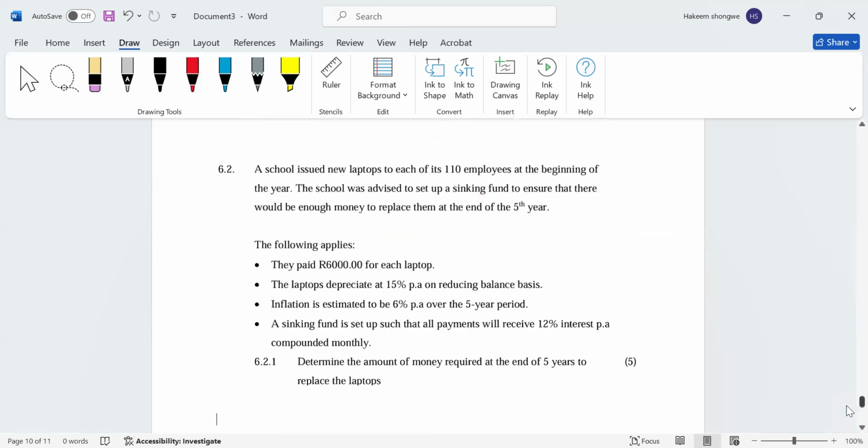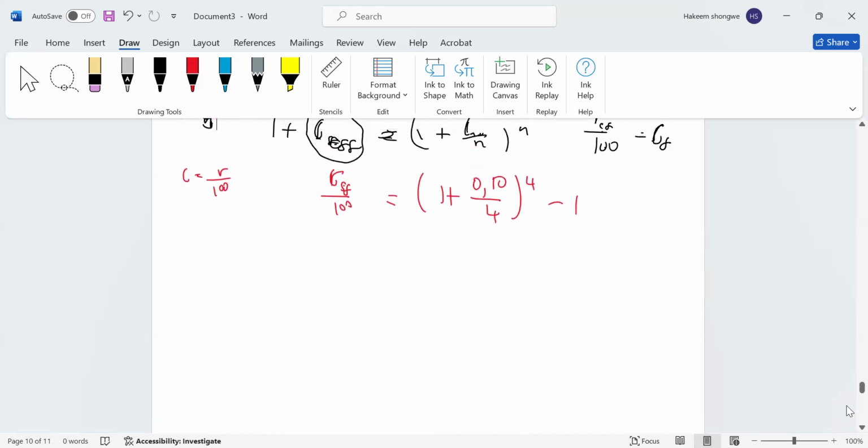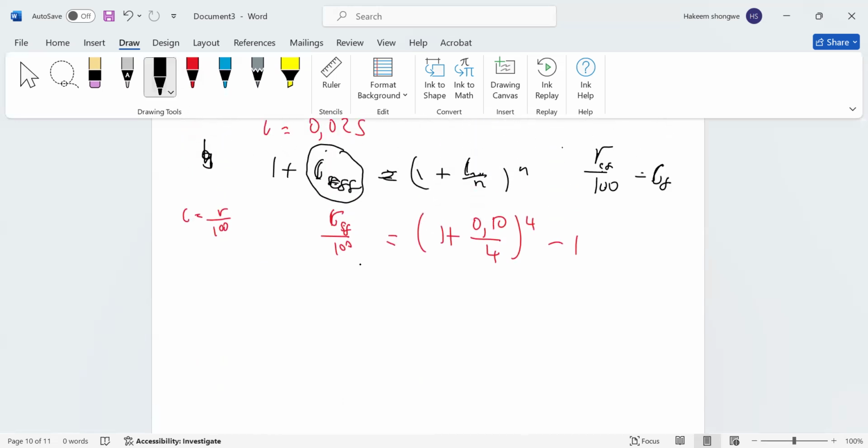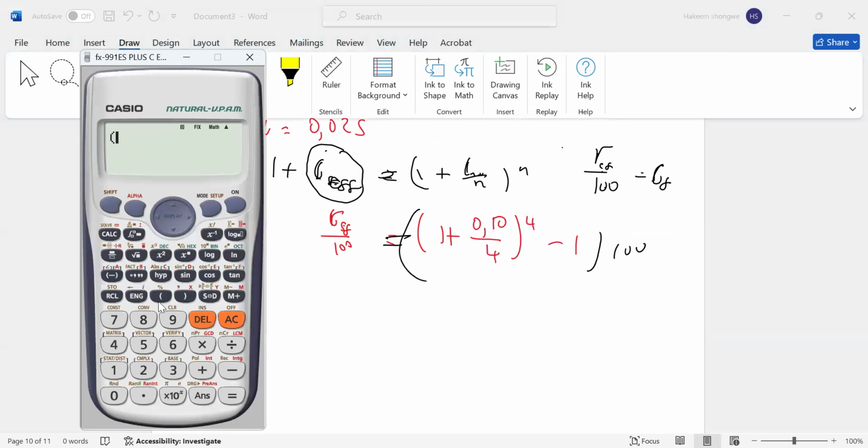So if we proceed with this thing here, maybe my grades this year will be much better, because I'm making it a point that they should understand this part. I'm sure here you can simply multiply by 100. Yes. So that when you type this in your calculator, you are already set. So you have open bracket, you have 1 plus 0.10 divided by 4, close bracket, to the power of 4, minus 1, close bracket, multiply by 100.